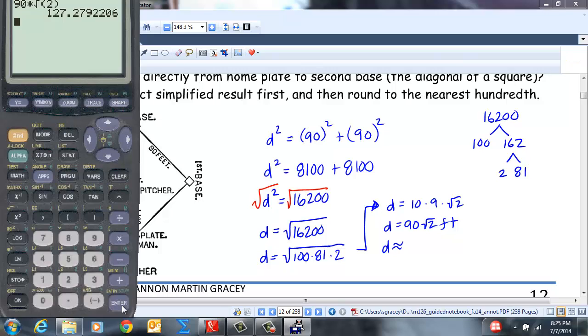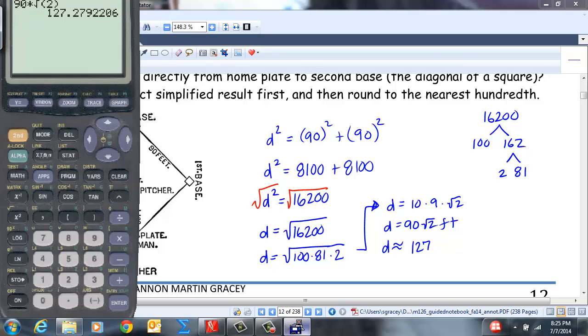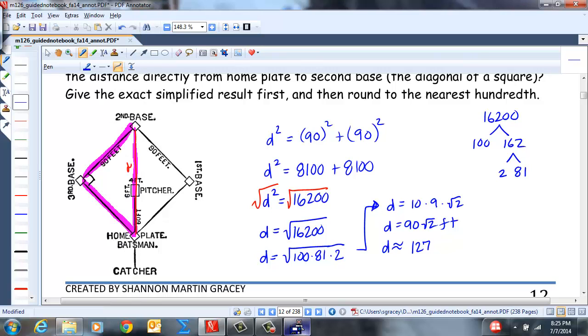It says round to the nearest hundredth, right? So this will be approximately, oh, I had the wrong pen, approximately 127.30 feet. Okay.